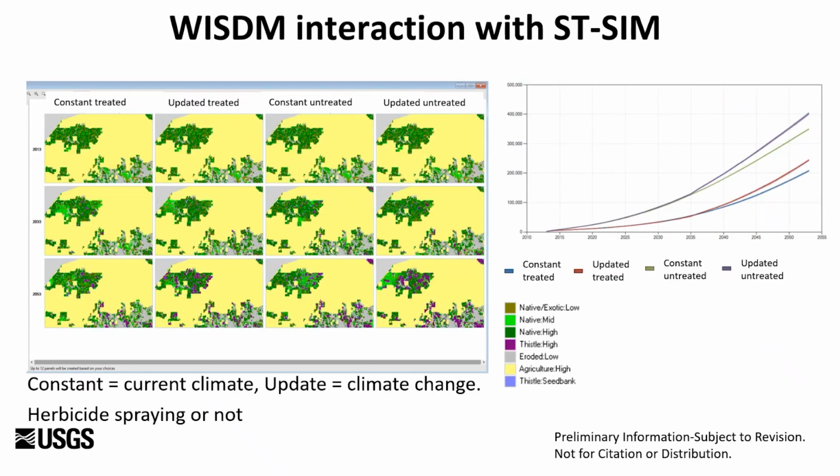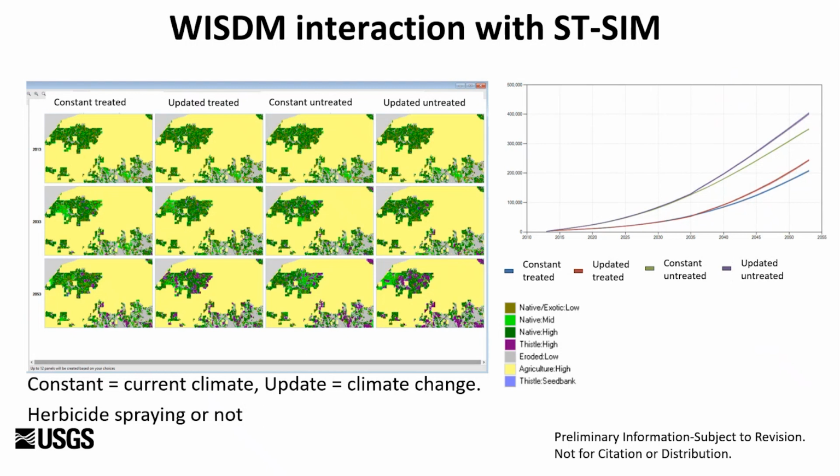And so here's an output from that. What I'm showing here, we ran 4 different scenarios. One set is labeled as constant, which indicates that it just used current climate throughout the entire simulation run. The second is an update, which included climate change.